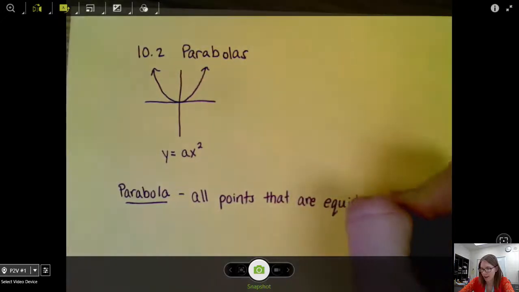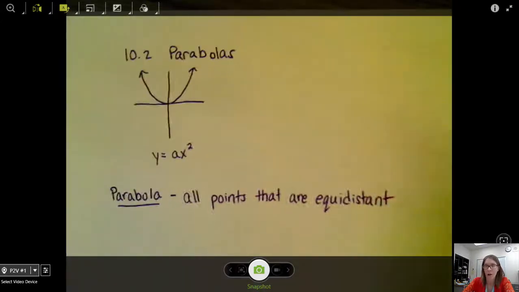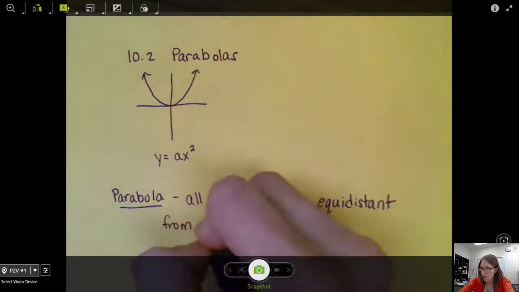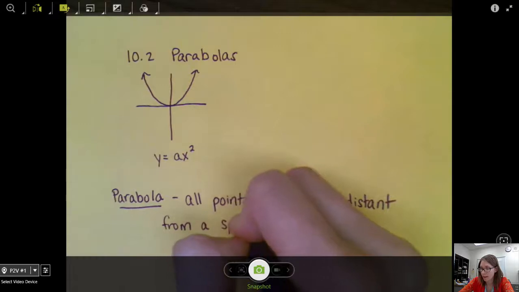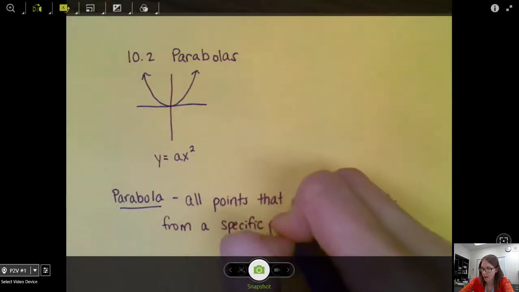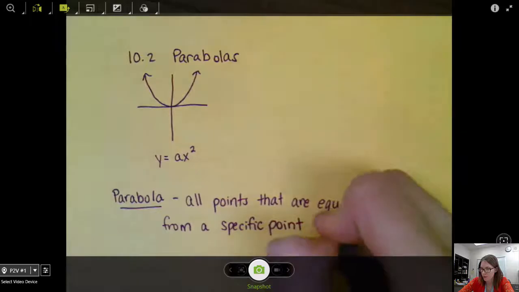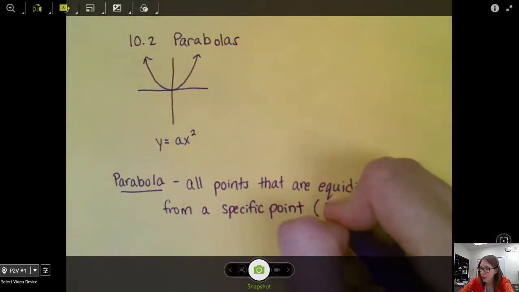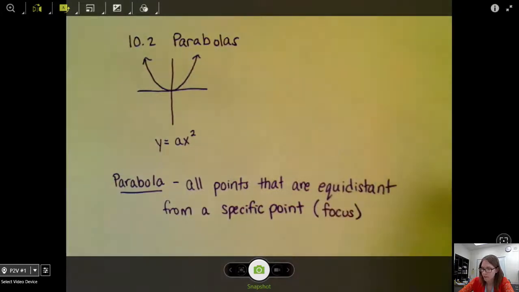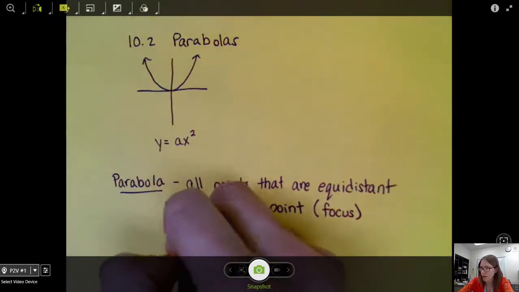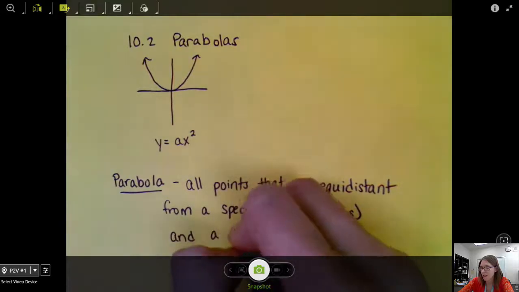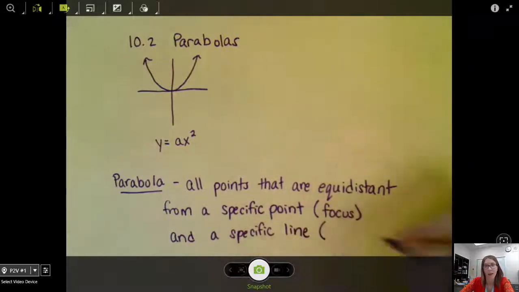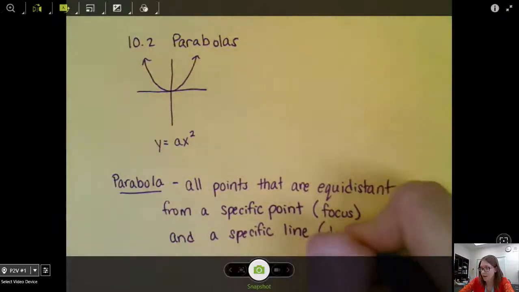If you remember from geometry, equidistant, all points that are the same distance from a specific point, and that specific point when we're talking about parabolas is called the focus. And a specific line. And that line is called the directrix.